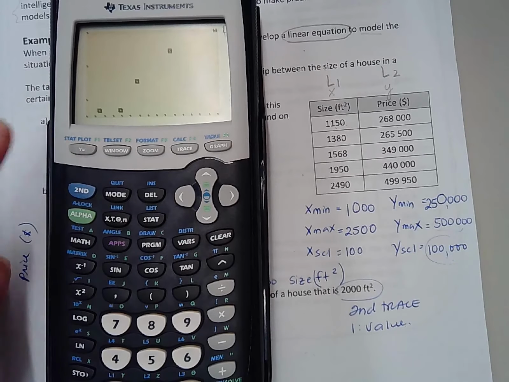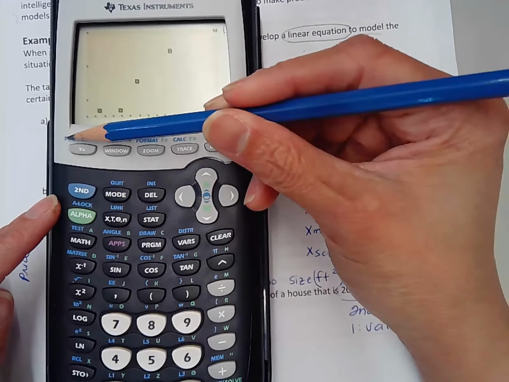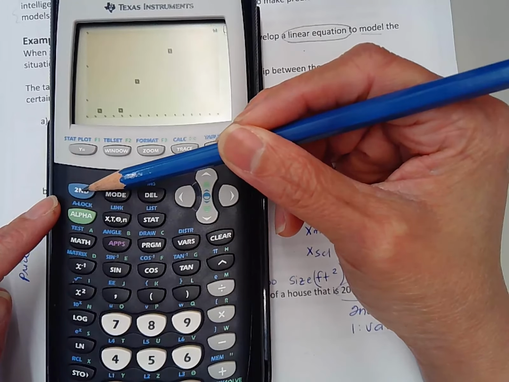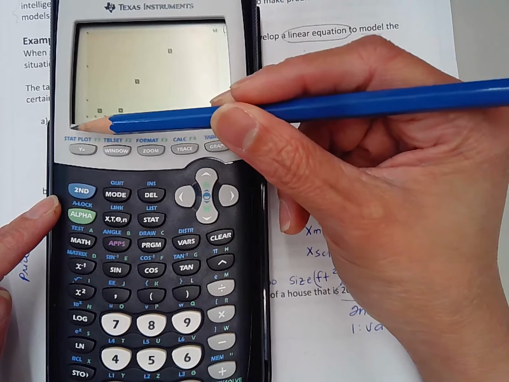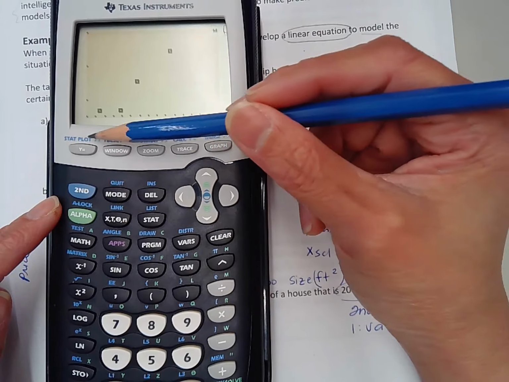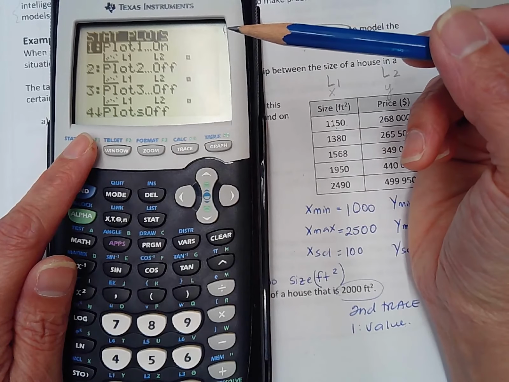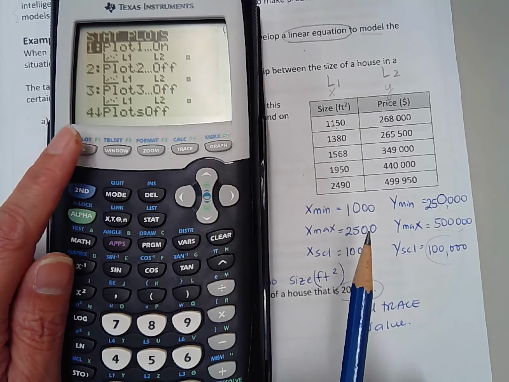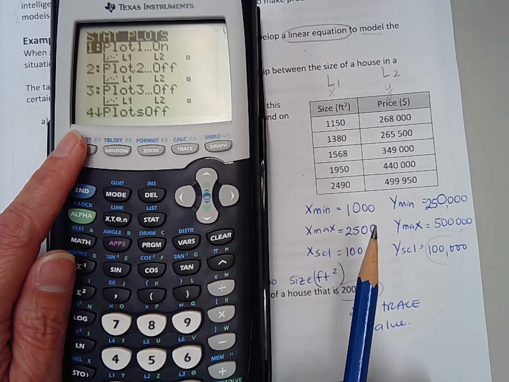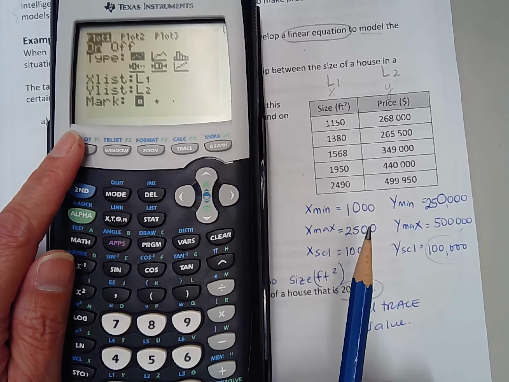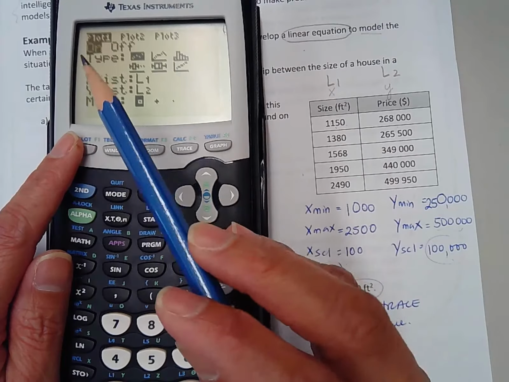When you press second function, we are activating, can you see the blue up here, stat plot. We're activating the stat plot. And then you press enter or you press 1. You just switch it to on.